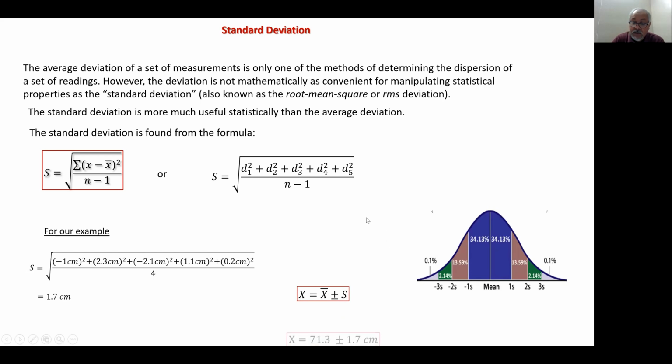For example, in our case, the length is equal to the average, which is 71.3, plus or minus the standard deviation, which is 1.7. In this case, it means that 68.2% of our measurements are within one standard deviation range, one to the right and one to the left, and so on. That's the meaning, and how we represent these quantities in physics, using these graphs.